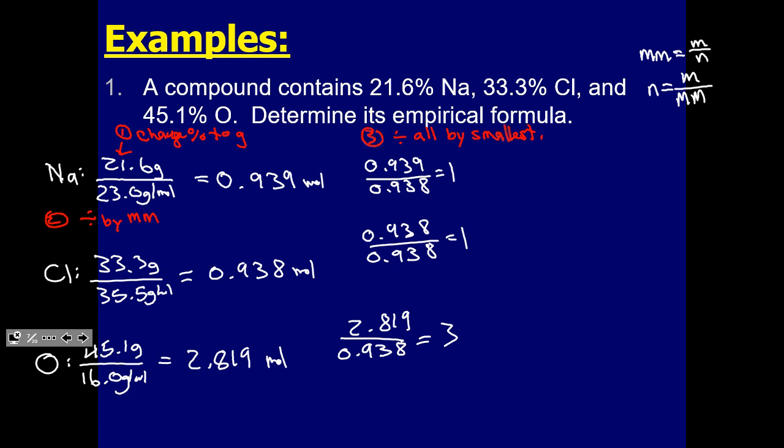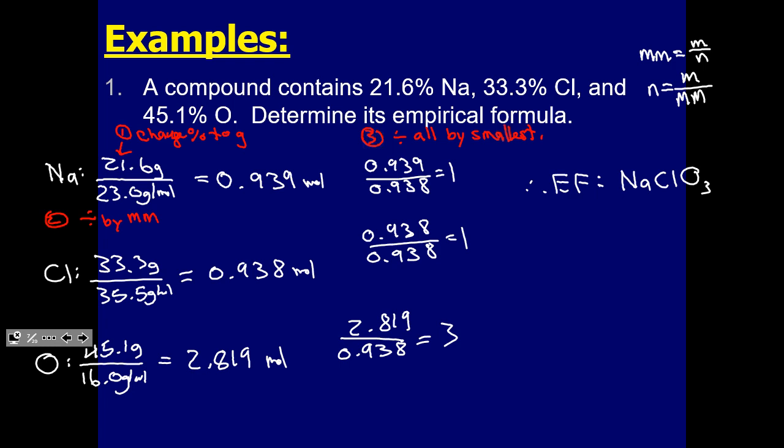Therefore, the empirical formula is, and I'm not going to put an equal sign. It's not a number. I'm just going to put the dots there, is Na1Cl1O3. Okay? It's pretty straightforward.